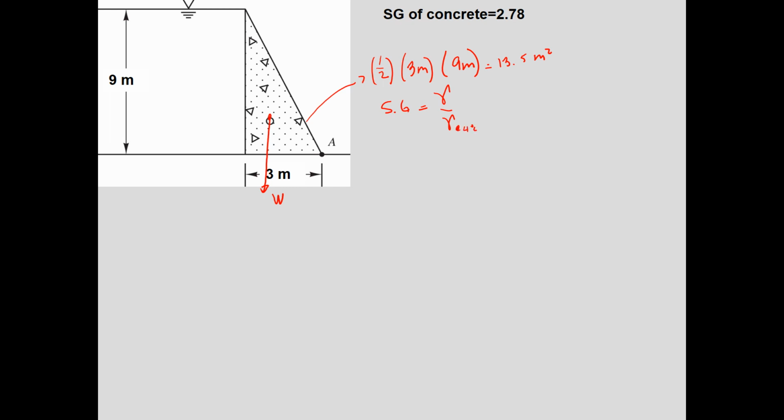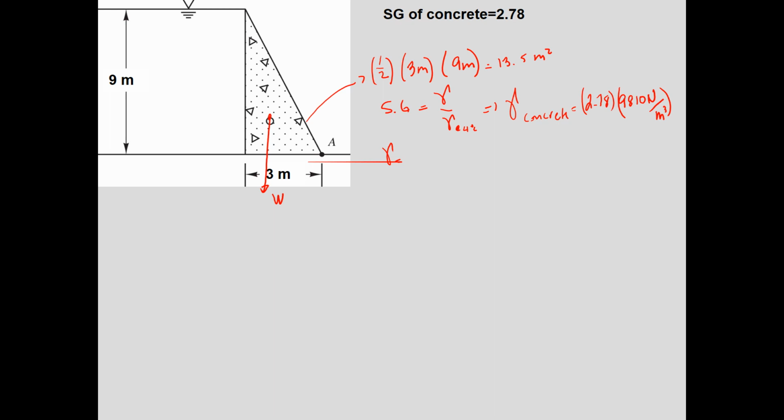That's really important, because when I calculate the specific weight of the concrete, what I have is 2.78 times 9,810 newtons per cubic meter, which is the specific weight of water at 4 degrees Celsius.